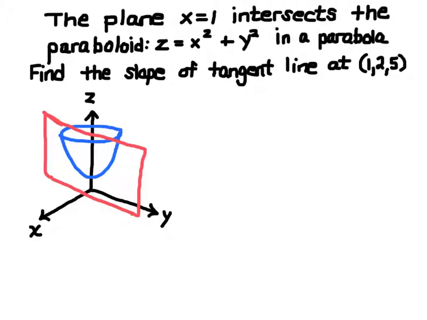Okay. It's cutting through a section, and what we're looking for is a tangent line at the point 1, 2, 5. So something like a line that's going to come through and be tangent, like that. So here's our point right here, 1, 2, 5.